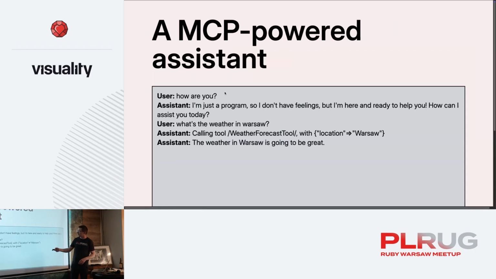so now we have the user asking what's the weather in Warsaw, and we have an assistant calling the weather forecast tool with location Warsaw, and this call goes to the MCP server. The MCP server returns that the weather in Warsaw is going to be great.